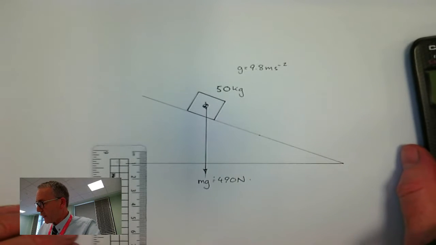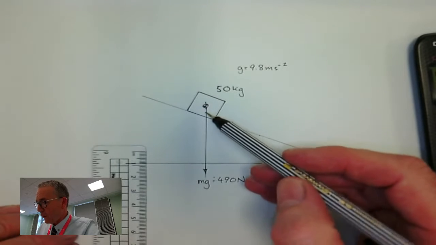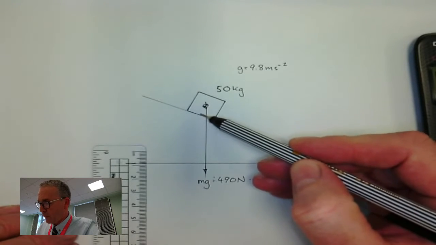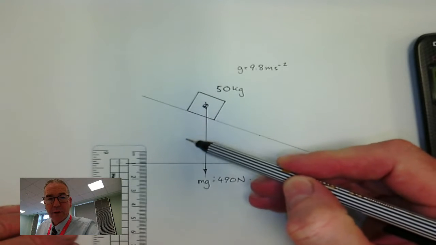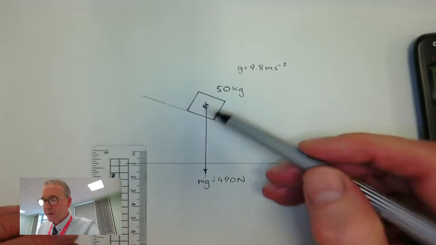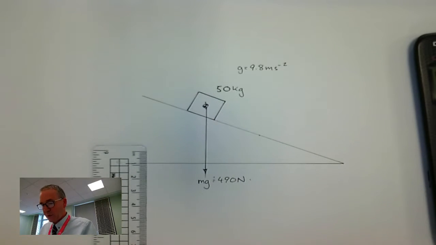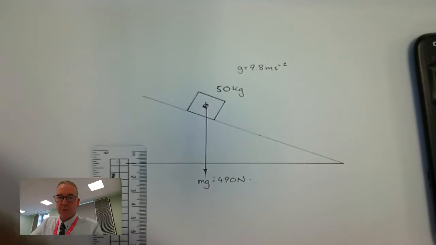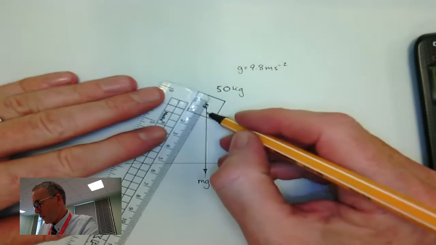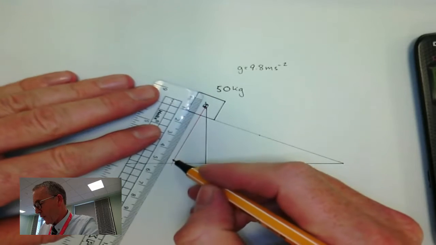Now, what else is acting on this block? This force is causing the block to act against the slope, and there's a perpendicular 90-degree force, what we sometimes refer to as the normal force. I'm going to use a different coloured pen to illustrate that, so we have a force acting in this direction.